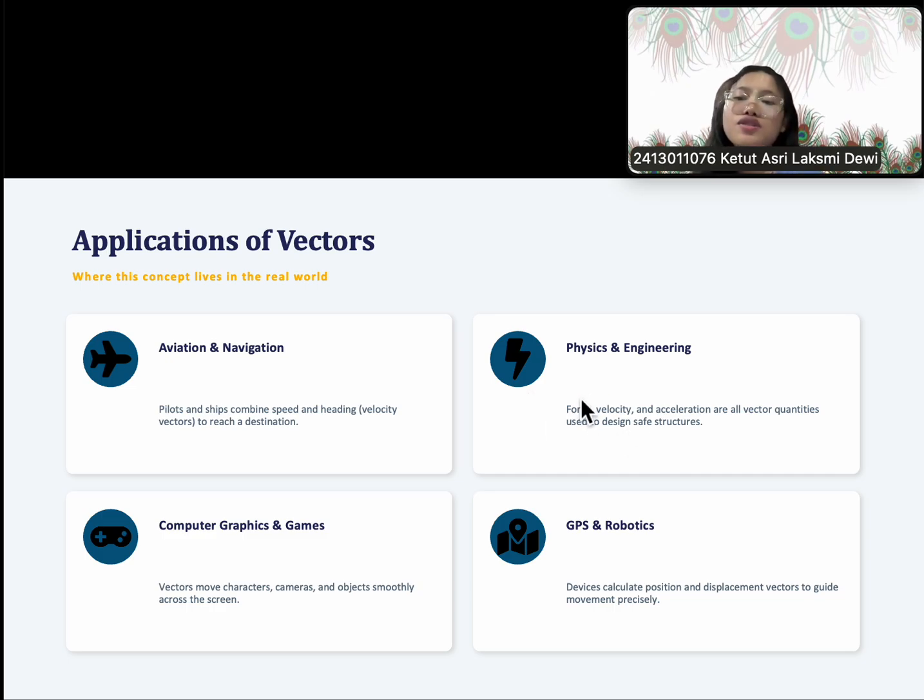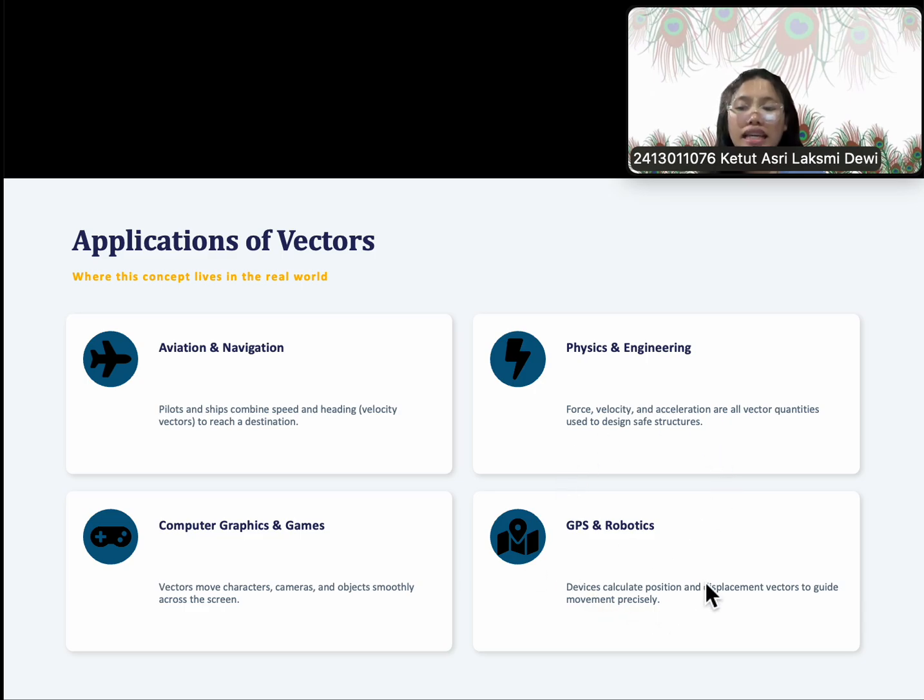Important quantities such as force, velocity, and acceleration are all vectors, and engineers use them to design safe buildings, bridges, and machines. And third, in computer graphics and video games, vectors are used to move characters, cameras, and objects smoothly across the screen.